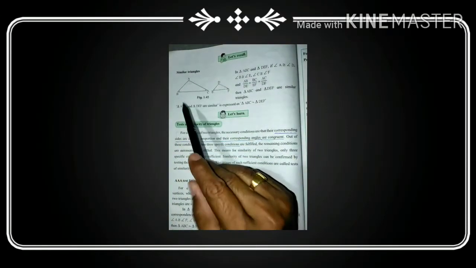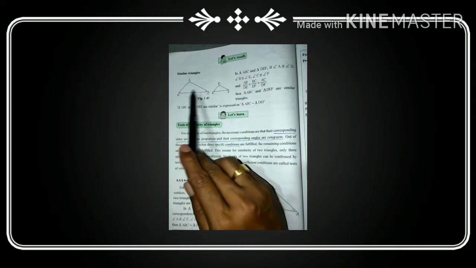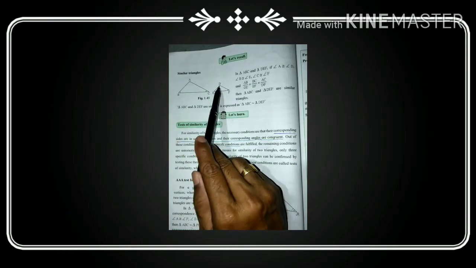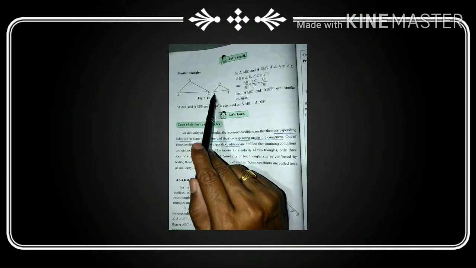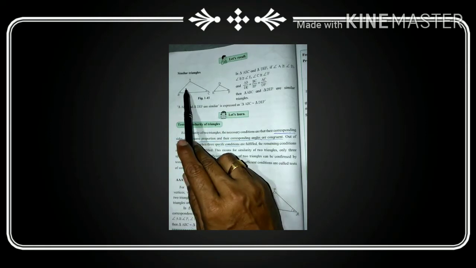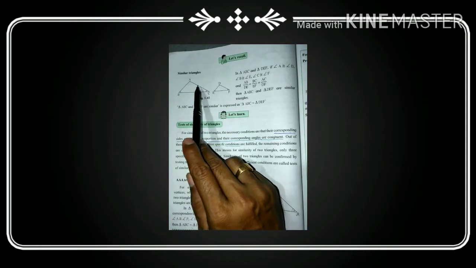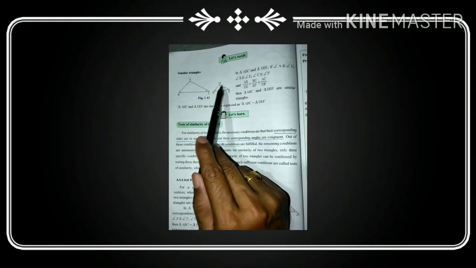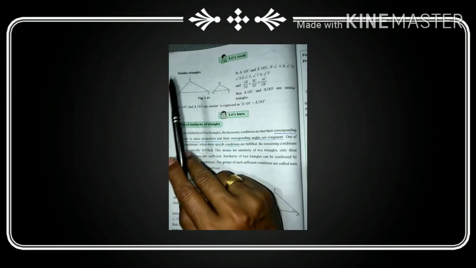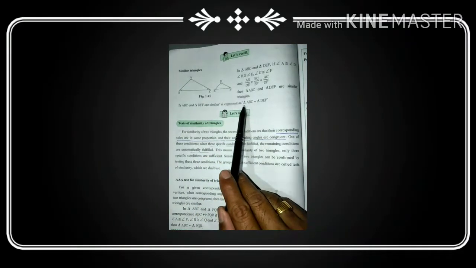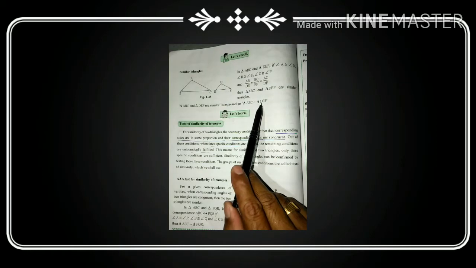In this point, two triangles are given, triangle ABC and DEF. In these triangles, angle A is congruent to angle D, angle B is congruent to angle E, and angle C is congruent to angle F. Then side AB upon side DE is equal to BC upon EF is equal to AC upon DF, and hence the triangles ABC and DEF are similar triangles, and this similarity is expressed in this manner: triangle ABC is similar to triangle DEF.